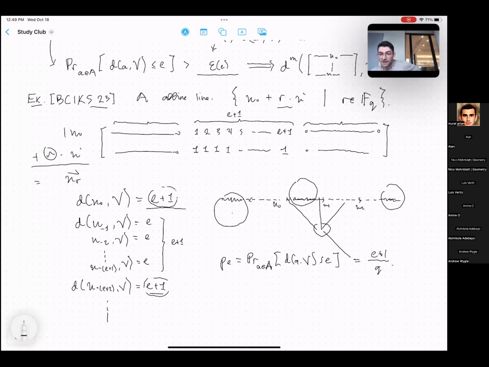In other words, I can't just win by making everything be 0 or by knocking out one position, because then nothing would be E+1 far. So some things should still be E+1 far. But the number of things which are E close, meaning distance E or less, I want that number to be E+2 instead of E+1.